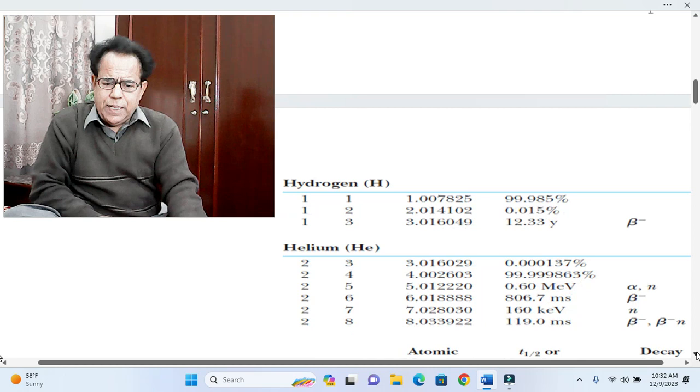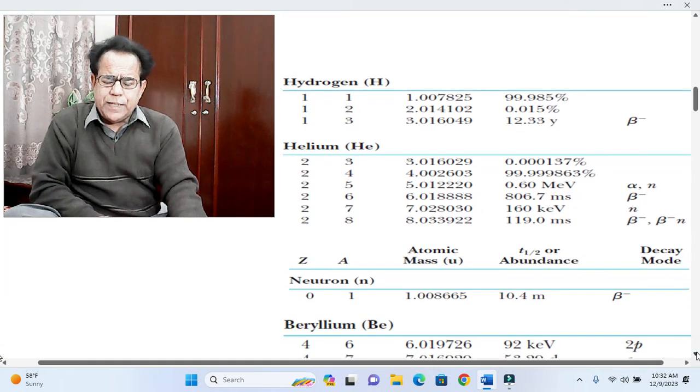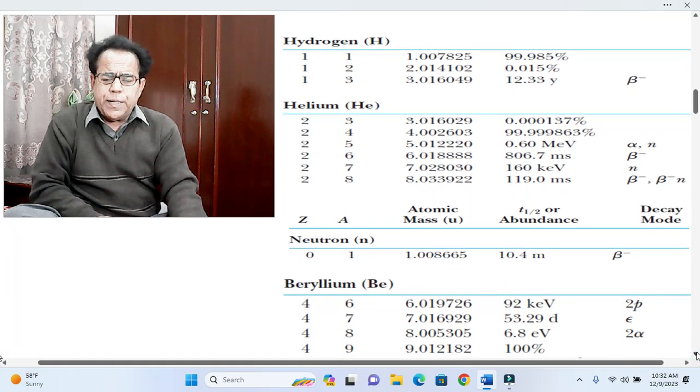First comes hydrogen. It has Z equal to 1. For the time being we are not concerned with the other columns. Hydrogen has one proton, that is to say Z for hydrogen is 1, while for helium Z is 2.